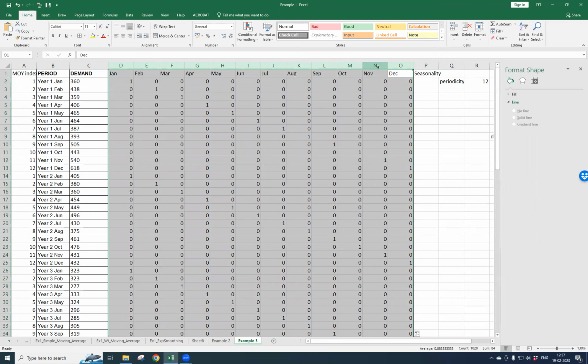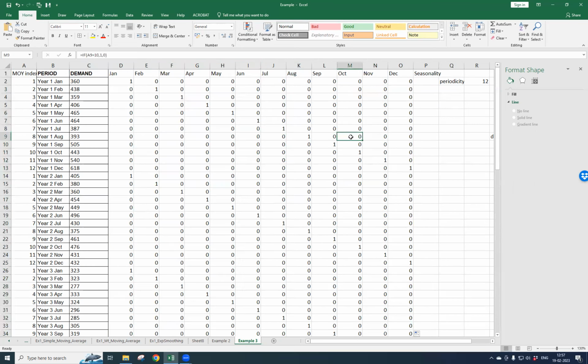Now, the logic behind this is that for any particular row, the sum of all of these will be equal to 1, right? That means if I know 11 of them, I automatically know what the other one is, because the sum of all of them is equal to 1.